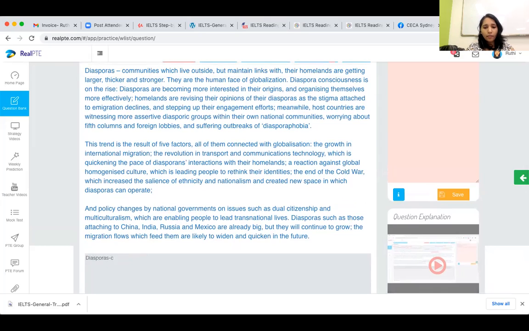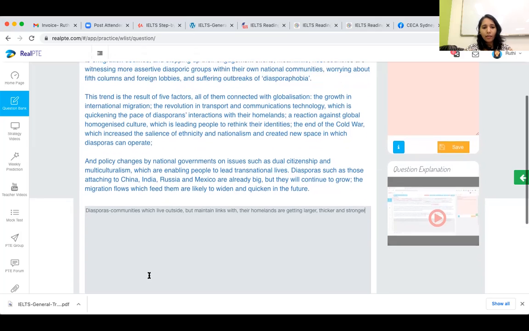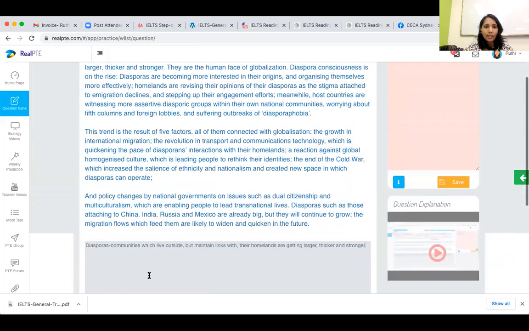Diasporas, communities which live outside but maintain links with their homelands, are getting larger, thicker, and stronger. Okay, that's my first sentence. I look at it. How many words have I typed? 16 words.